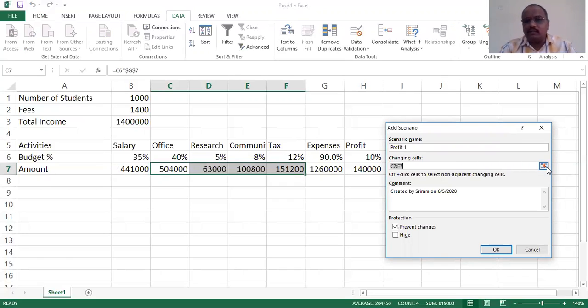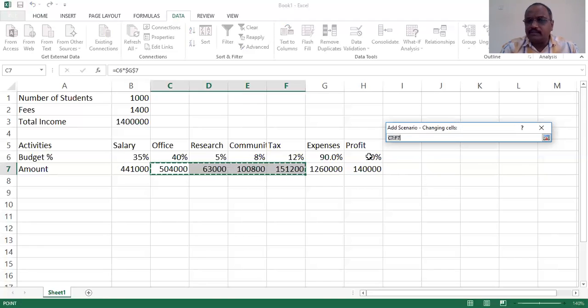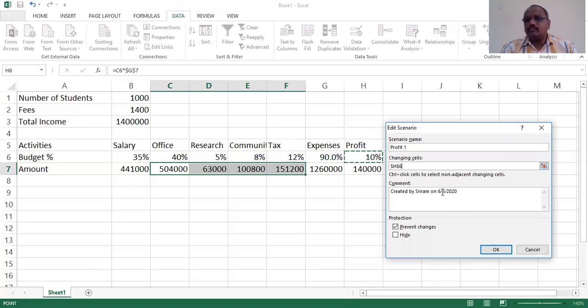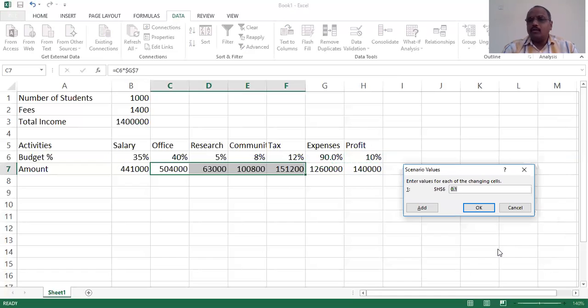So which cell are we going to change? Here is the profit cell. In this box, we are going to make the change. So I'm going to select the profit cell. I have given the name Profit 1 for my understanding purposes, and then I'm going to click OK.